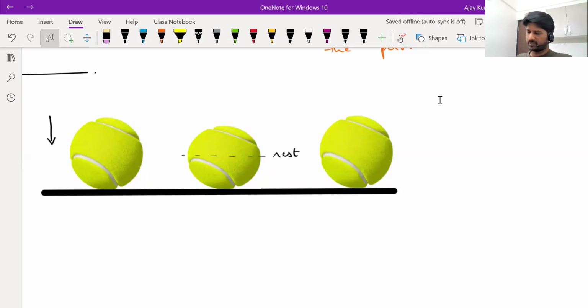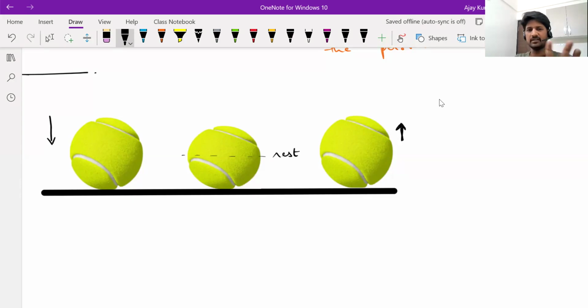If those internal forces are non-conservative, they will permanently remove some mechanical energy from that object. Suppose those internal forces are all conservative, then you won't see a loss of mechanical energy. In that case, the ball will bounce back to the original height also, in the absence of air resistance.